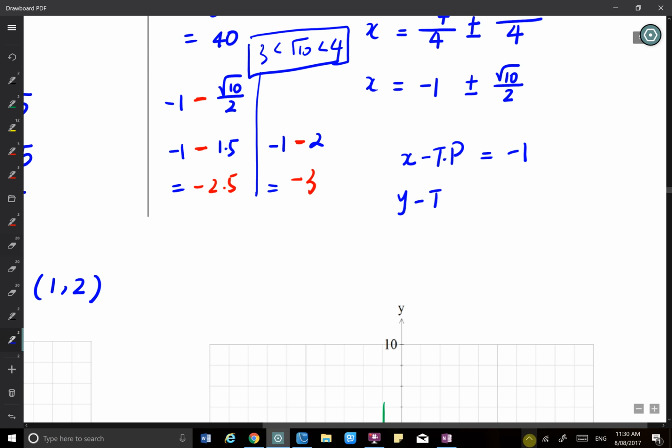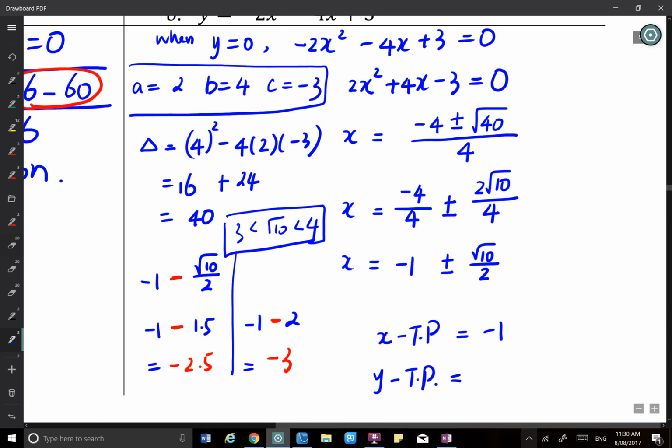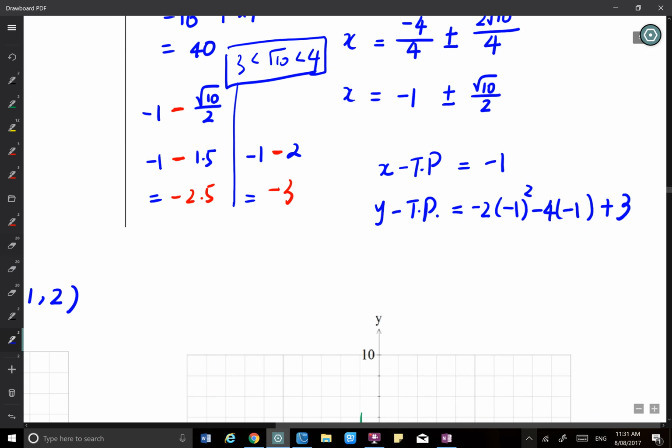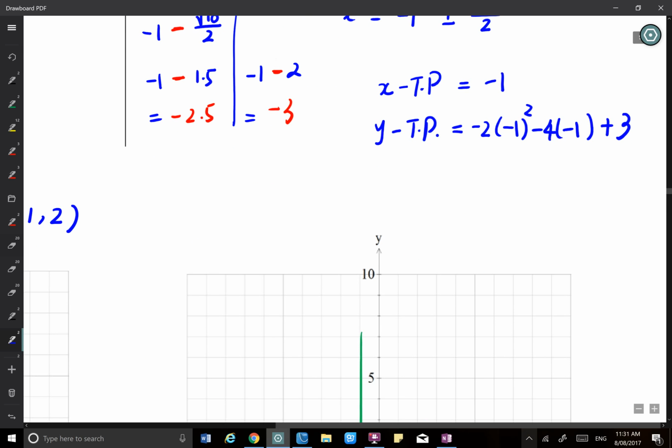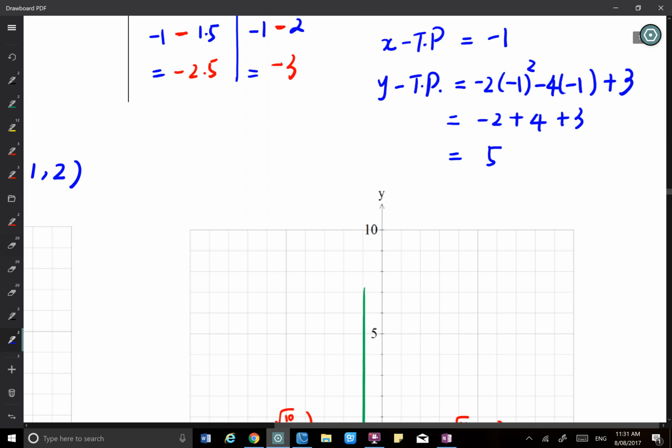So the y value of the turning point, I'll just put into the original function: -2 times -1 squared minus 4 times -1 plus 3. That is -2 plus 4 plus 3, which gives me 5. So -1, 5.